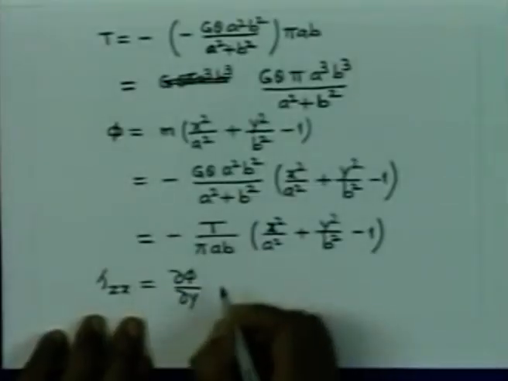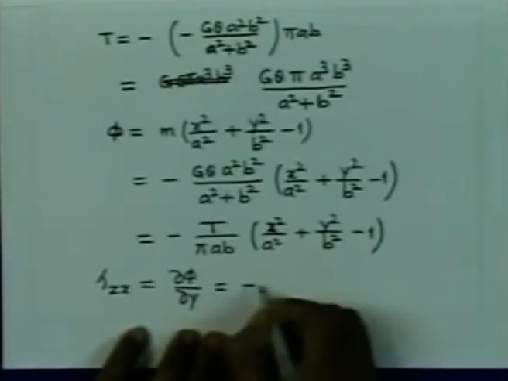Let us calculate the stresses now in the cross section. Since we have got the phi, it is possible to calculate the stresses over the whole cross section. We can now write tau zx, which is given by delta phi by delta y.